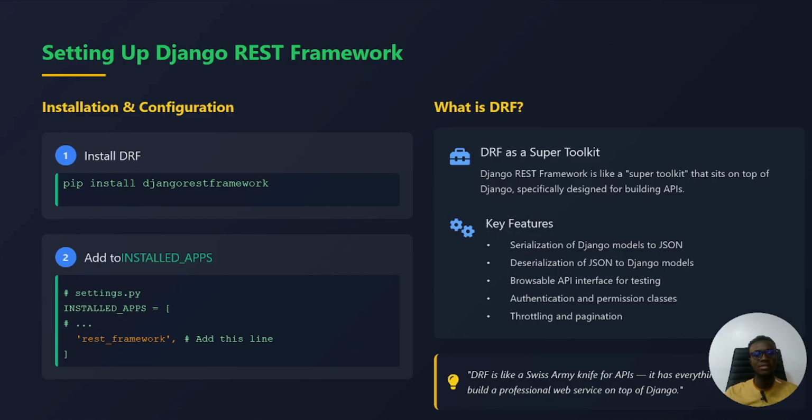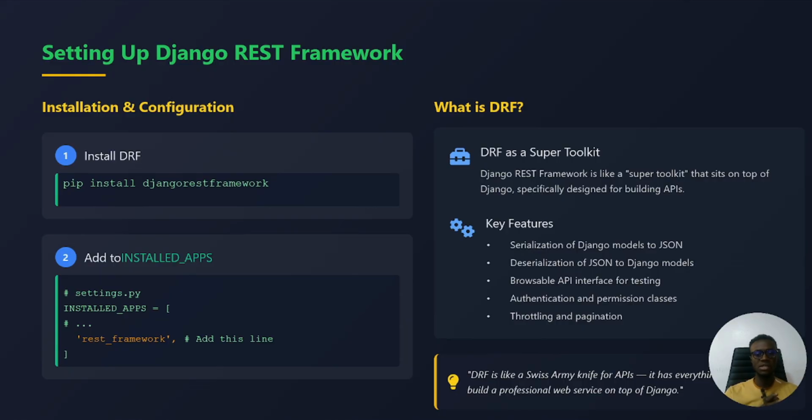So DRF is like a super toolkit that sits on top of Django, specially designed for building APIs. It is built in layers on top of Django itself, such that it makes building APIs a lot less hectic.